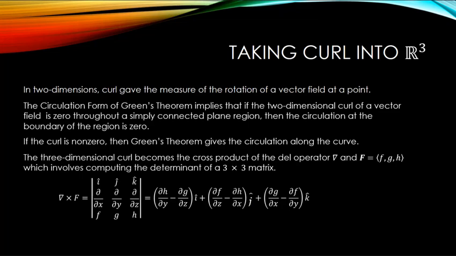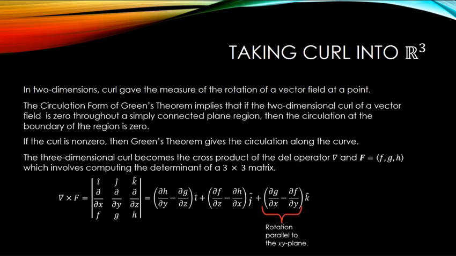This determinant becomes the partial of h with respect to y minus the partial of g with respect to z in the i hat direction, plus the partial of f with respect to z minus the partial of h with respect to x in the j hat direction, plus the partial of g with respect to x minus the partial of f with respect to y in the k hat direction.